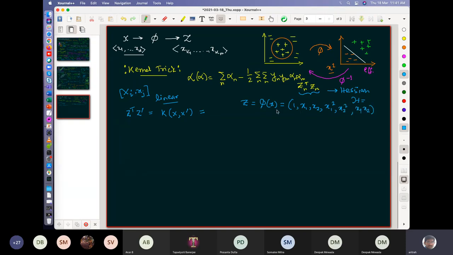This is a complete transformation of Z from the point x, where x is a 2-attribute point, right? I can make such a transformation. Then my kernel is obviously 1 plus x1 x1 dash plus x2 x2 dash, the dot product between z transpose with z dash.